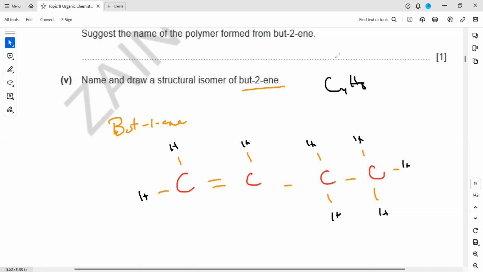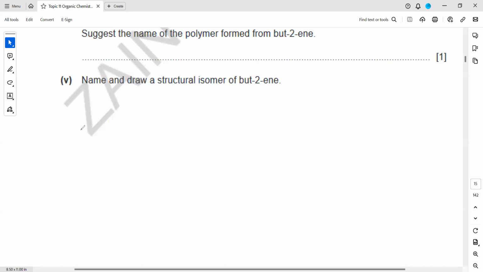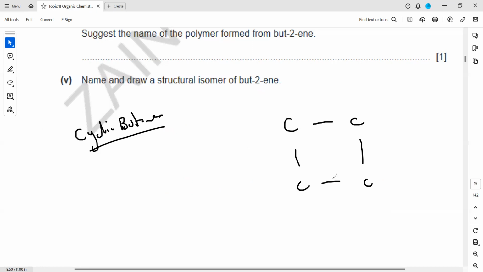We can also draw another structure. What could be another isomer of alkene? Instead of making a branch, what else can be done? You can draw a cyclic alkane. If I draw cyclic butane, it will also be an isomer. So I can draw 4 carbon atoms in a ring structure.